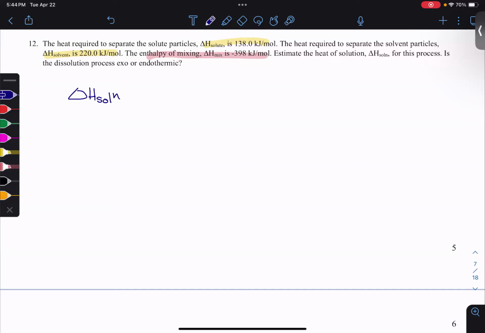So the equation we use to look at the energetics of this reaction is delta H of solution, that is the exo versus endothermic thing in the cup, is delta H of your solute, so the energy to separate your solute particles, like the IMFs. Delta H of your solvent, so the intermolecular forces of your solvent particles, plus delta H of mixing. So this is your IMFs of your solute and solvent together.